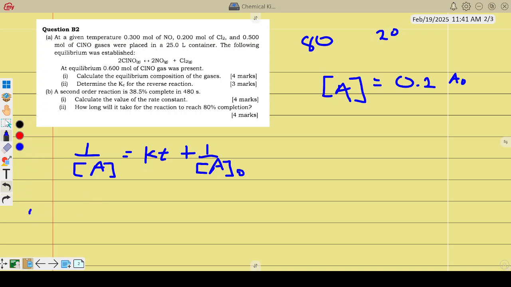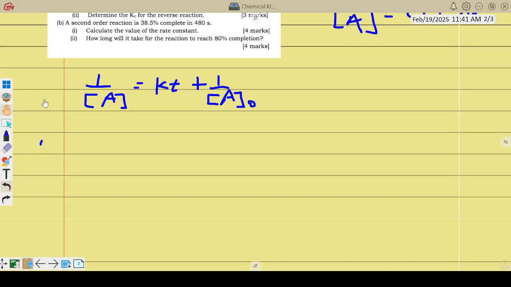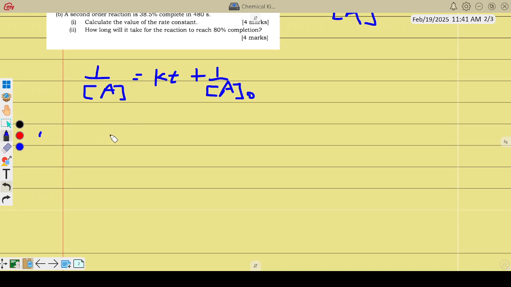Okay, so we proceed. We say 1 over 0.2 a naught. So this we can take to the other side to be minus. So I have 1 over 0.2 a naught minus 1 over a naught is equal to kt.